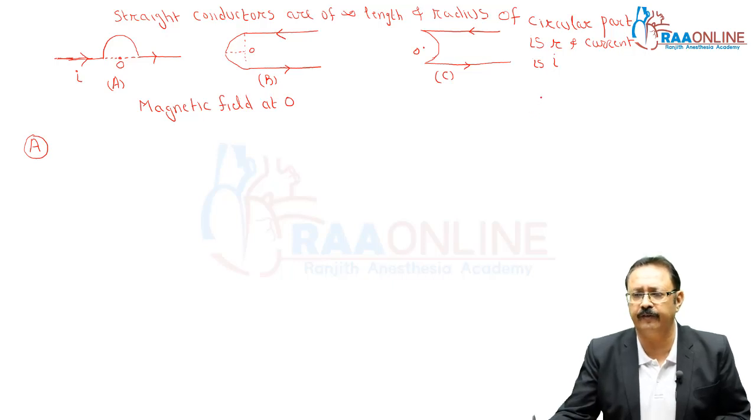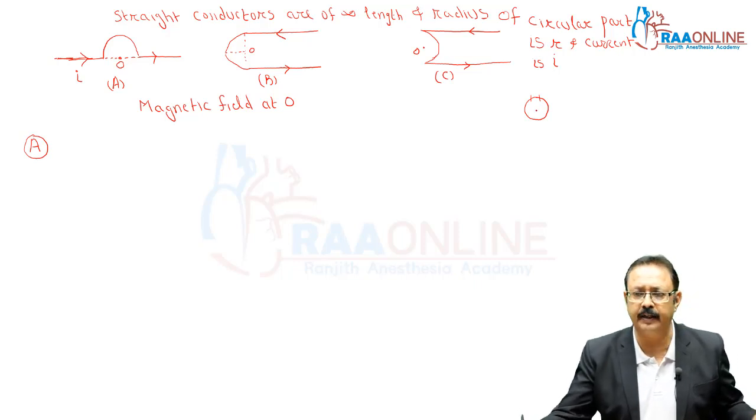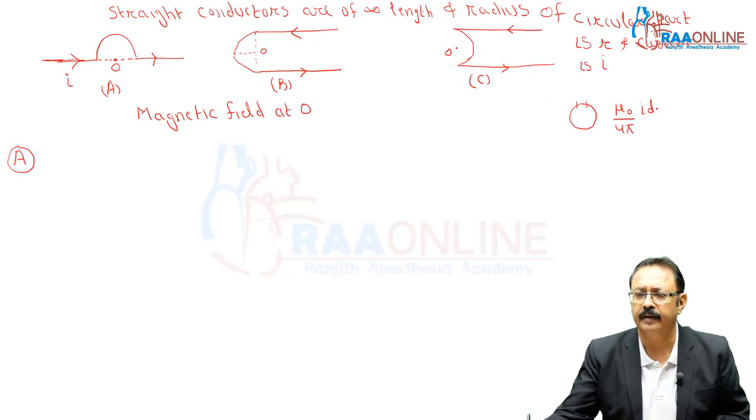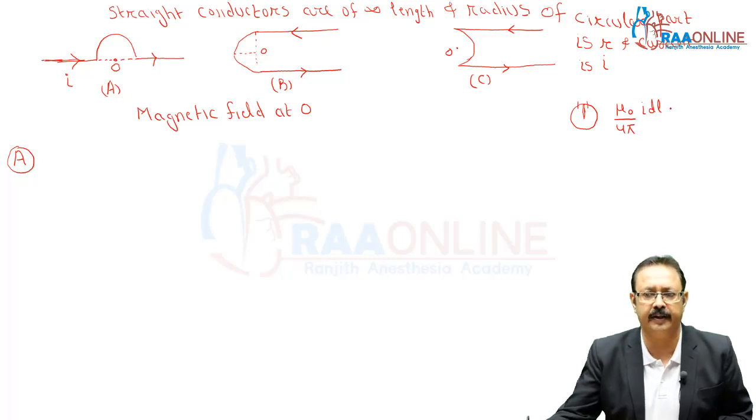What we did when we were calculating for this, we used the Biot-Savart law. First we took one small element. After applying the Biot-Savart law, we got the magnetic field at the center as mu naught upon 4 pi I dL sin theta by r square.